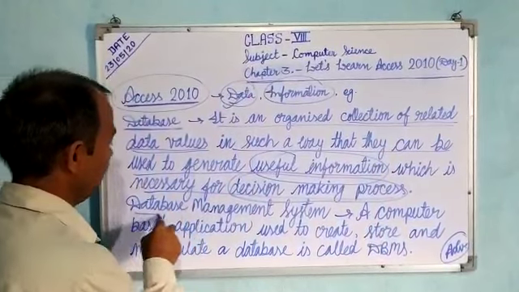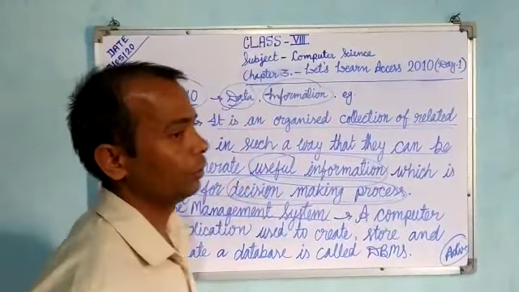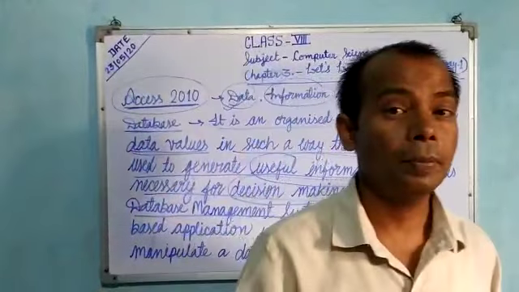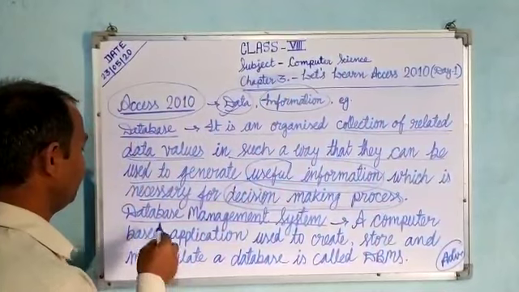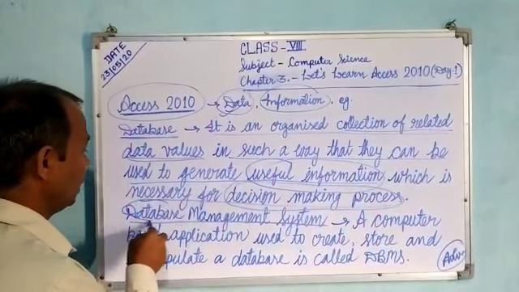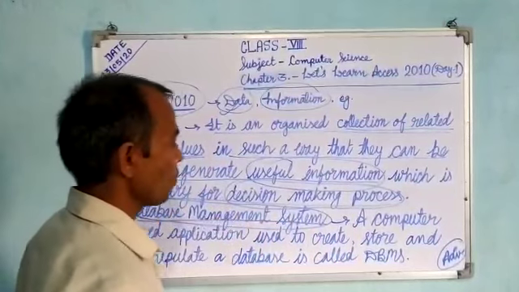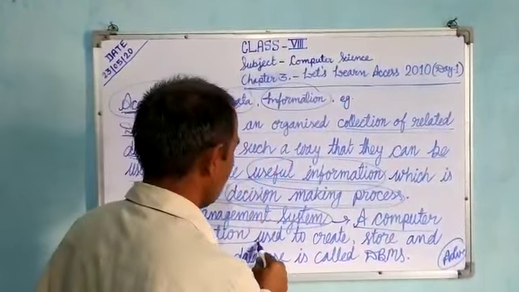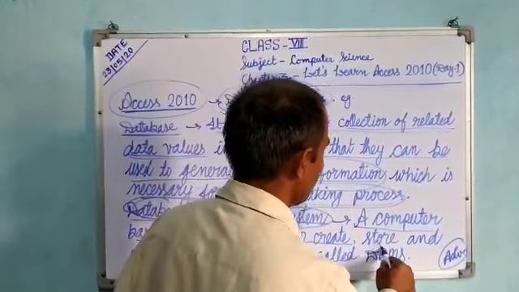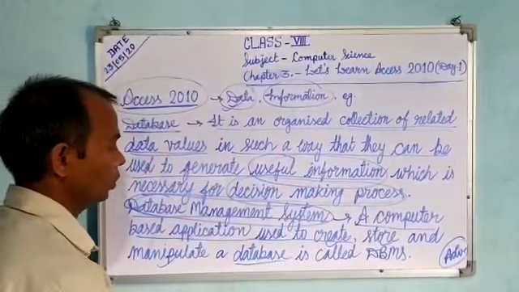Okay, now the database management system. For the requirements of such a large amount of data, we need a database management system. This is a type of software. It is a computer based application used to create, store and manipulate the database.